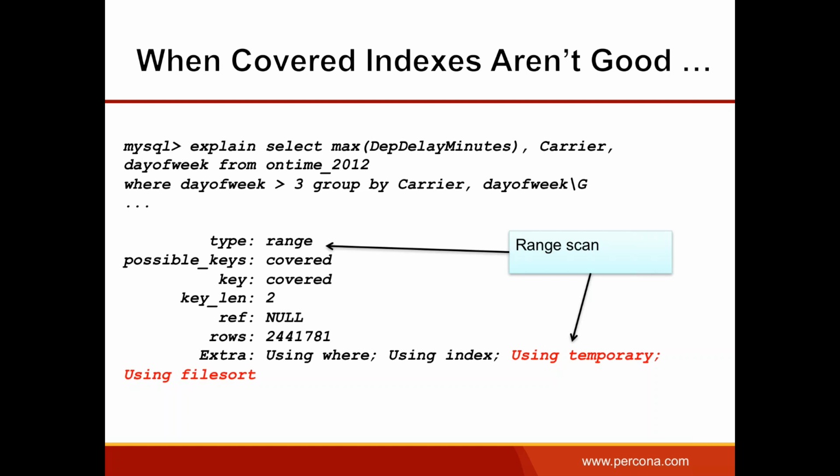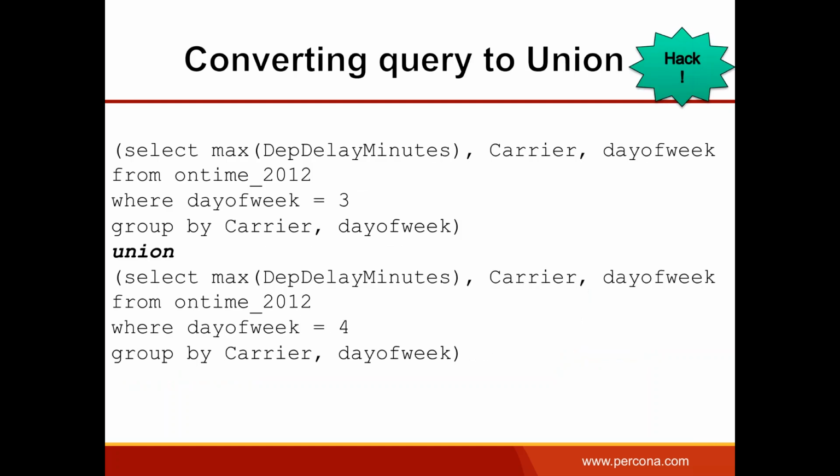So there's no really good approach to fix that, but there is one hack that we can potentially use if our field has a very limited number of values. In our case, day of week only has 7 distinct values. So we can convert this query to a union.